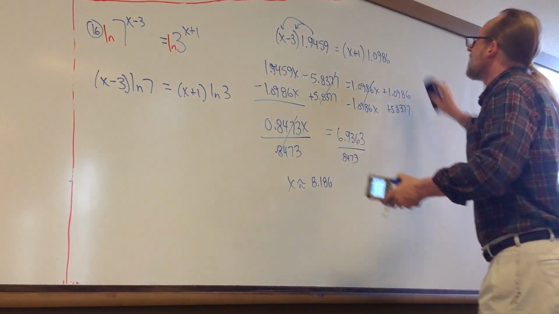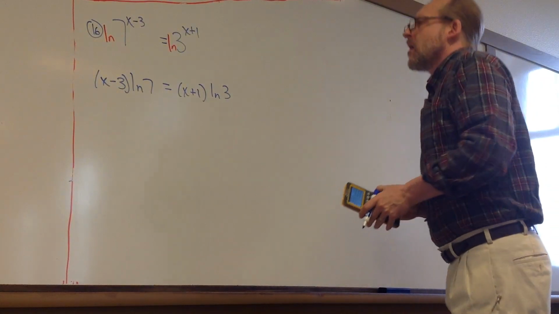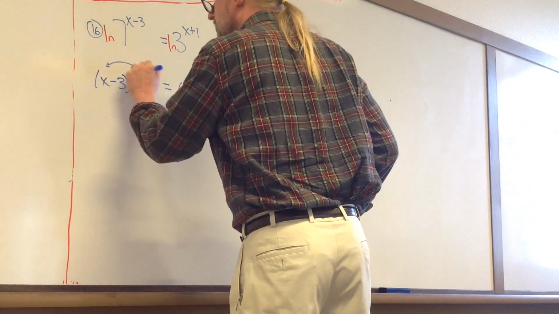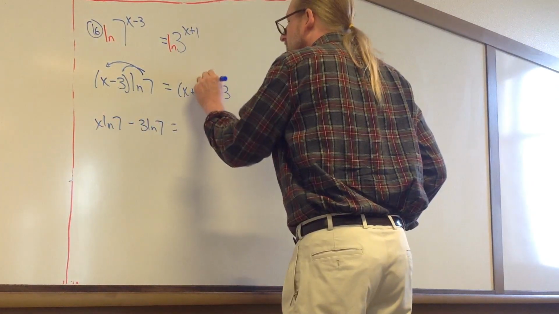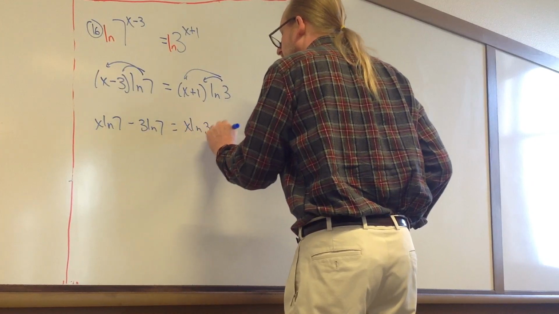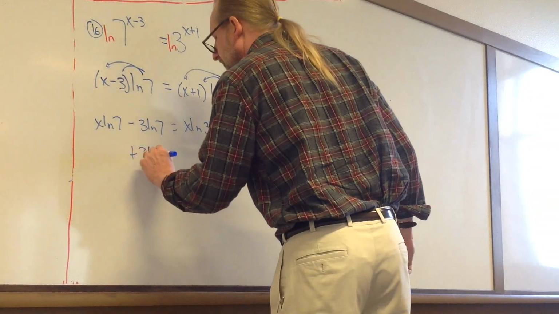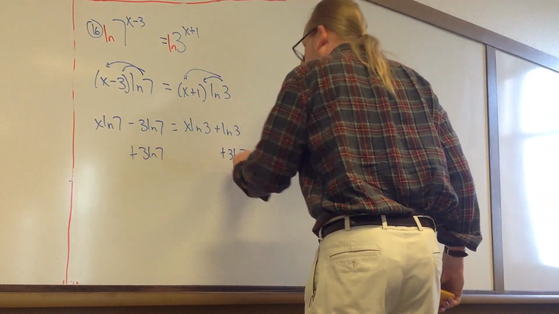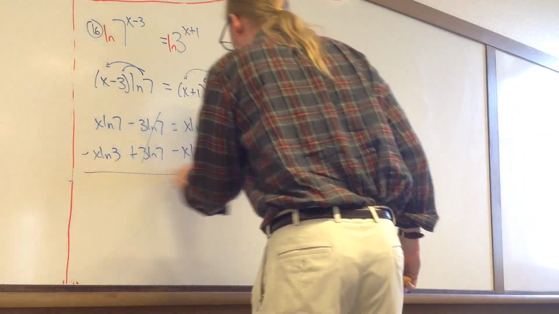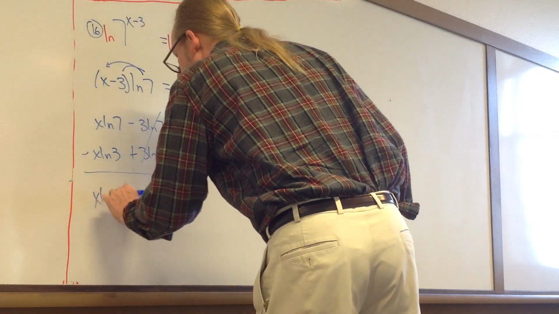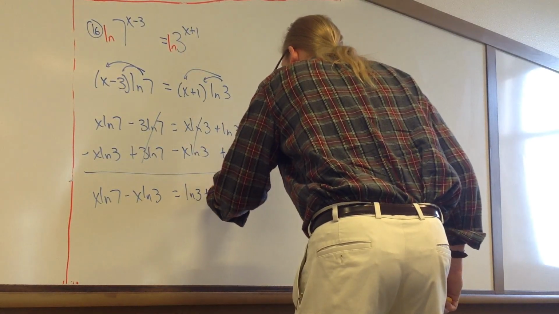Okay, so now we'll go back and we'll solve this with the exact value. So let's see. If we distribute inside here, this would be x ln 7 minus 3 ln 7. Distribute in here, x ln 3 plus ln 3. So now we'll add the 3 ln 7 to both sides, and then we'll subtract the x ln 3 on both sides. So we get x ln 7 minus x ln 3 equals ln 3 plus 3 ln 7.